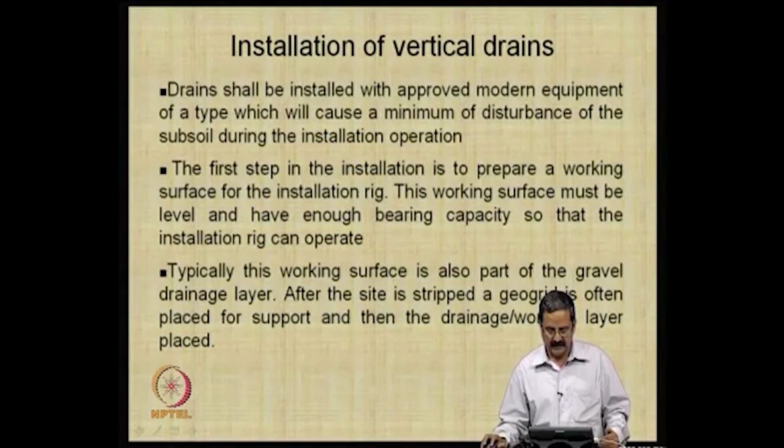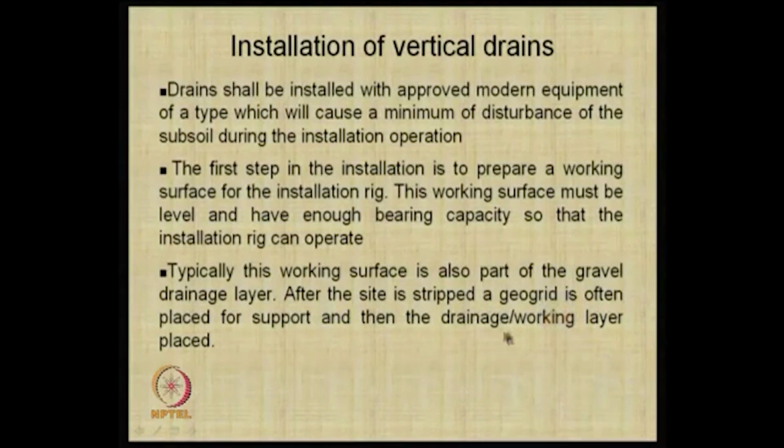After the site is stripped, a geogrid is often placed to support, and then the drainage and working layer is placed. Sometimes you cover the sand and then put a geotextile layer which can work as a drainage layer, because sand is of course a good drainage layer, but sometimes they say a geogrid could be placed. In fact, it can even take care of uneven settlements.